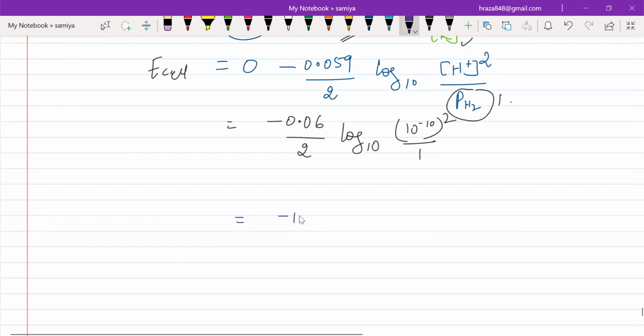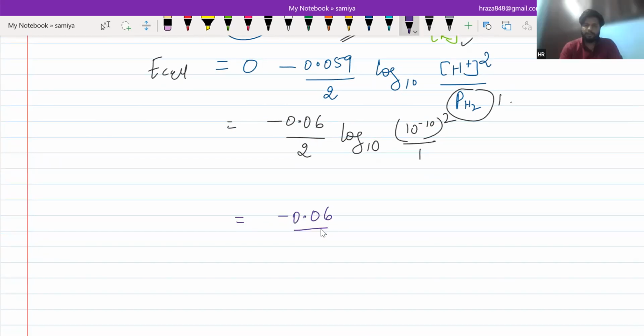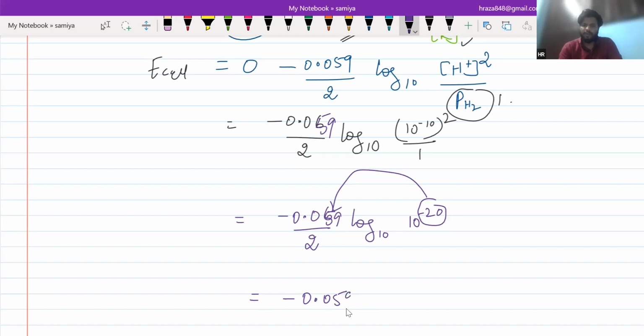If you solve it, it will be 0.059 upon 2 into, you can see this is minus and this is minus, this will be cancelled, and here it will be 20 log 10 to the base 10, which has a value 1.